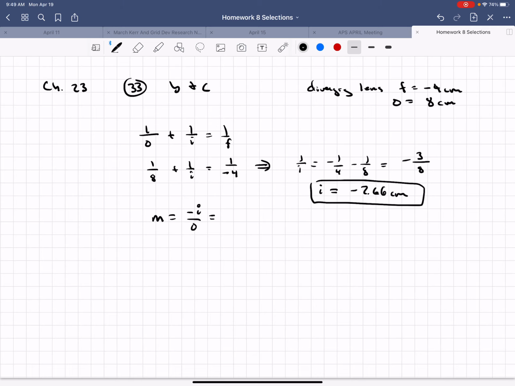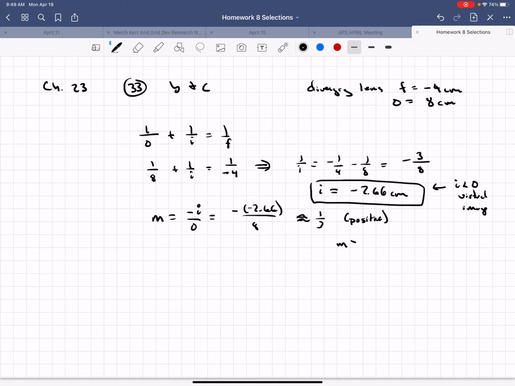So the magnification is -2.66 divided by 8. And so the magnification here is going to be on the order of, let's see here, something like roughly a third, and it's positive. So because from the mathematics, because I is negative, we're in a virtual image where we have to trace the rays back.